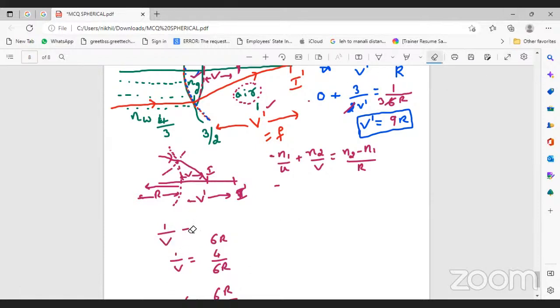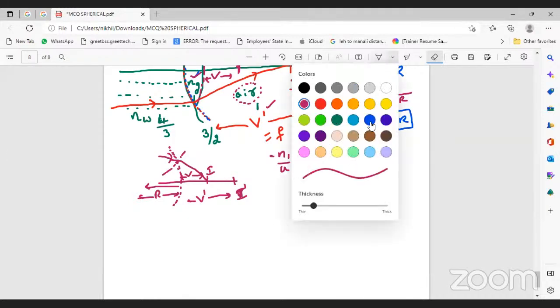V dash will be the object, right? For that V dash, in which medium is it? It is in glass. So how do we write the equation for that?